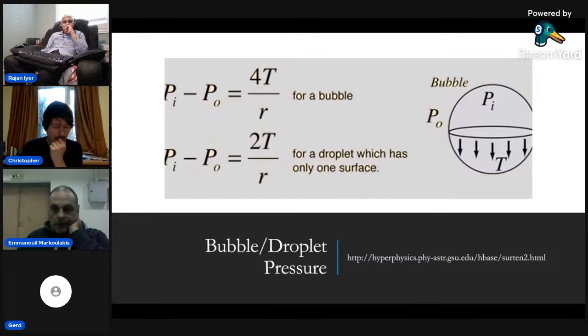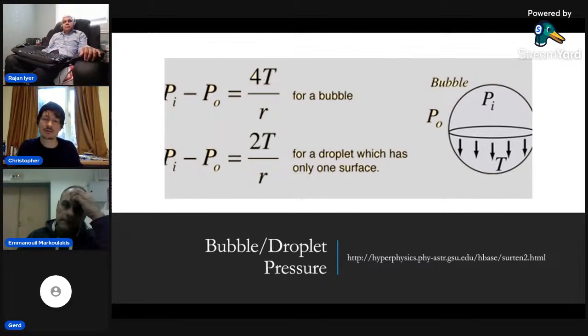These are the pressure equations for a bubble and a droplet, and I got this from hyperphysics.phy. As you can see, the equation for a bubble needs 4 times the surface tension divided by the radius, whereas for a droplet it is only 2 times the surface tension divided by the radius.